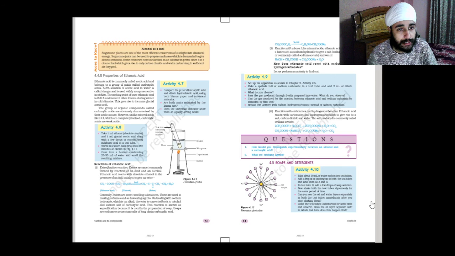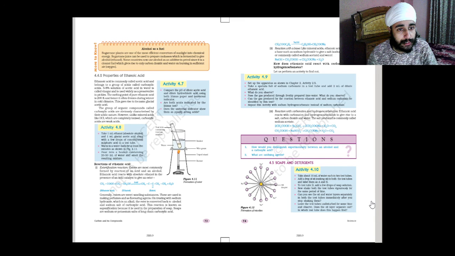So that is the reaction: ethanoic acid plus ethanol under an acid catalyst forms the ester and water.